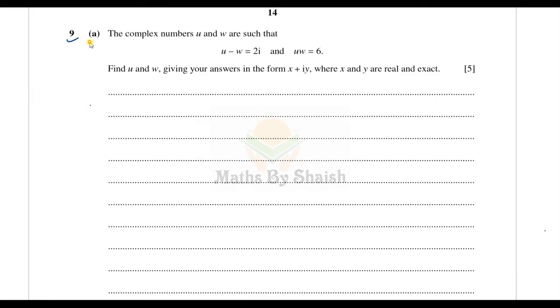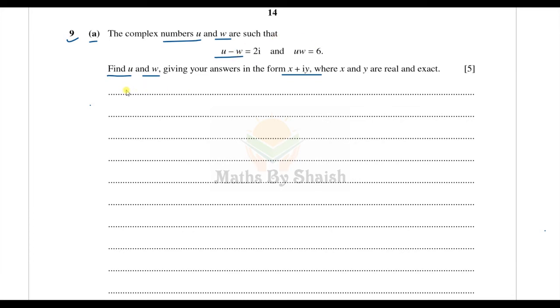So question number 9a: the complex numbers u and w are such that u minus w is 2i and u into w is 6. We need to find u and w, giving the answer in the form x plus iy, where x and y are real and exact. We have two equations and two variables, so I'll take a value from one equation and put it in the second one.